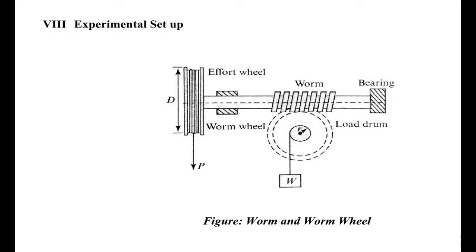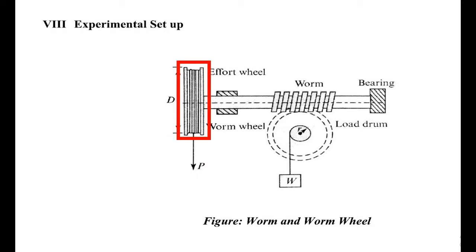For every machine there are two very important components: the load lifted and the effort applied. In this figure the load lifted is shown by capital letter W, and the effort applied is shown by capital letter P.